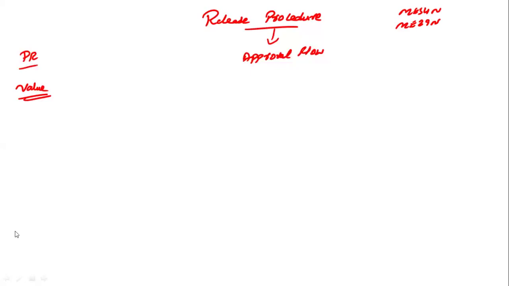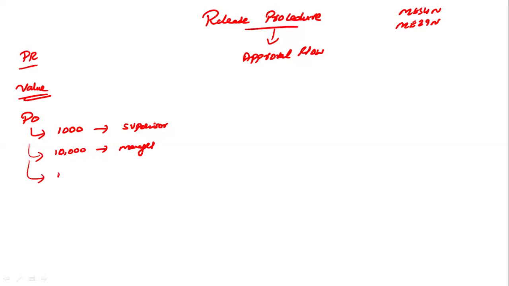For example, I have a PO and this PO value is 1000 rupees. I would say just a supervisor is sufficient to approve this. If my value is more than 10,000, then my manager should approve it.